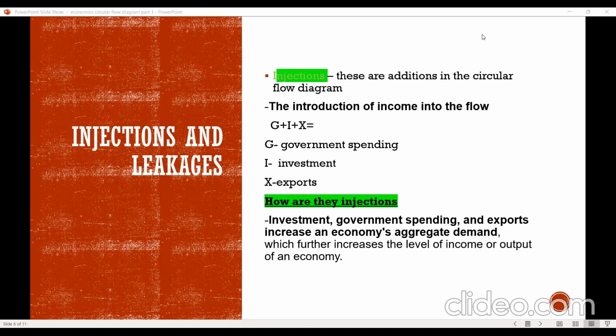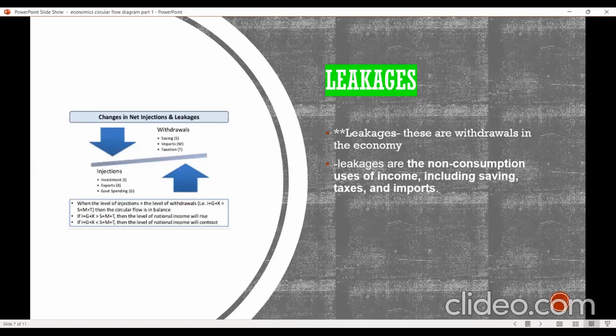Going forward, let us go to leakages. What are leakages? Leakages are the withdrawals in the economy, when money leaves, when money gets out of the economy, when we've got a contraction in the circular flow diagram.